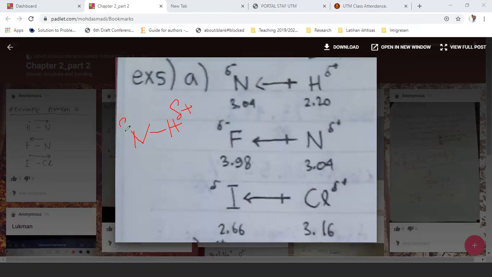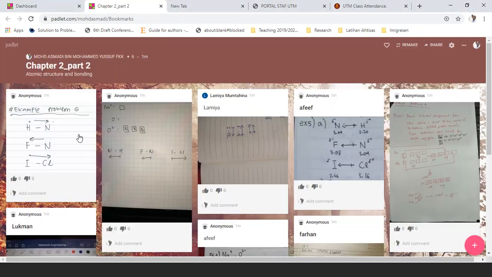So N, delta plus, delta minus, and the arrow should not be in the middle. Okay? Understand? So there should be this one, the bond. Okay, good.